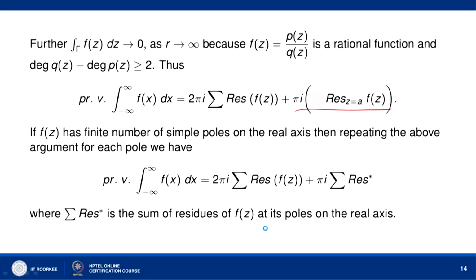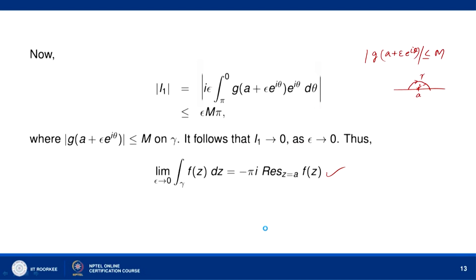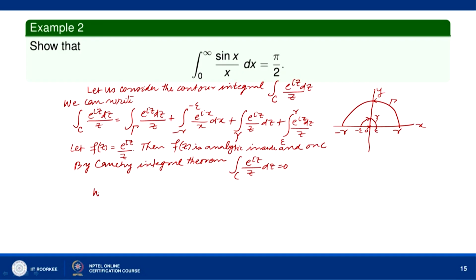Let us recall the article. From the article, let us evaluate the integral over small gamma. The limit as epsilon tends to 0 of the integral over gamma of f(z) dz is minus pi i times the residue at z equal to a of f(z). So, let us follow that. We have the limit as epsilon tends to 0 of the integral over gamma of f(z) dz equal to minus pi i times the residue of f(z) at z equal to 0.